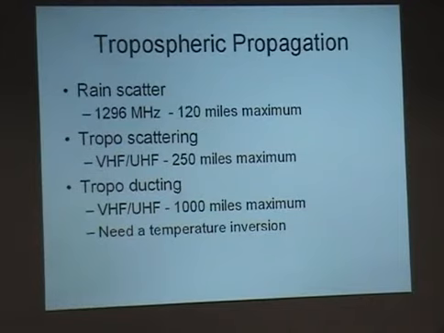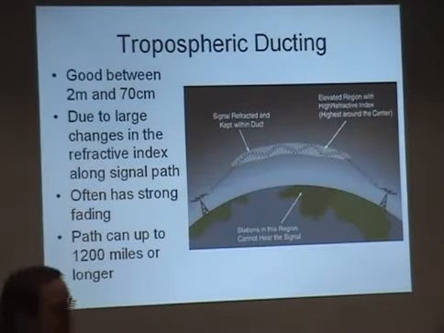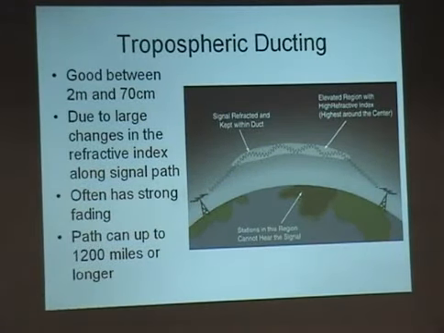It's going to slowly change, and this is like a mirage in the desert when you see water and it's not really there, you're actually seeing a reflection of the sky. This is the same thing, only with radio waves. You can get some decent distance, 250 miles, but you're not really bouncing, you're just refracting a little bit. The ducting, it gets caught in that in-between layer and it stays there for many, many miles, like 1,500 miles.